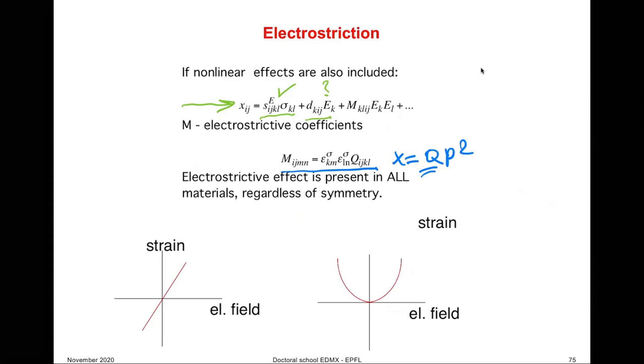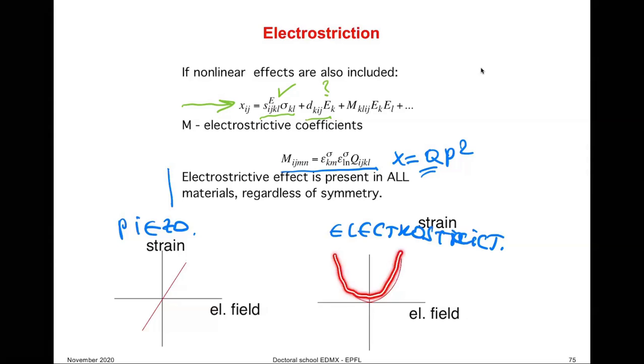So important to remember, the electrostriction effect is present in all materials regardless of symmetry. It is in general much smaller than the piezoelectric effect, an order of magnitude or more. And you should remember that piezoelectric strain is ideally linear with electric field, while electrostrictive strain is parabolic with electric field.